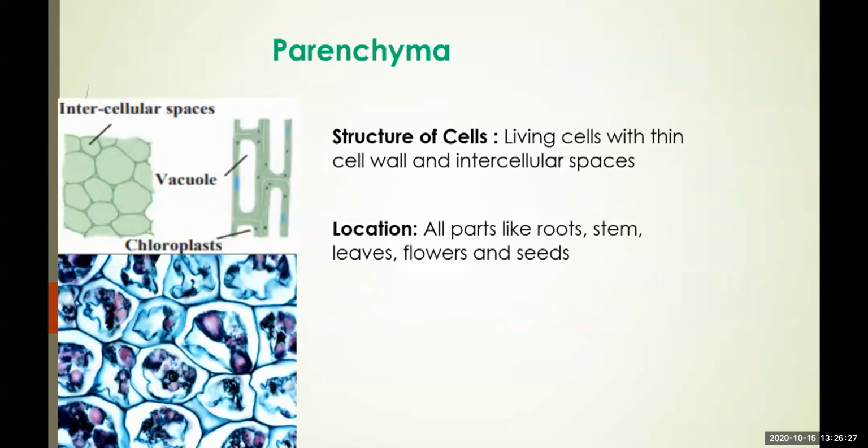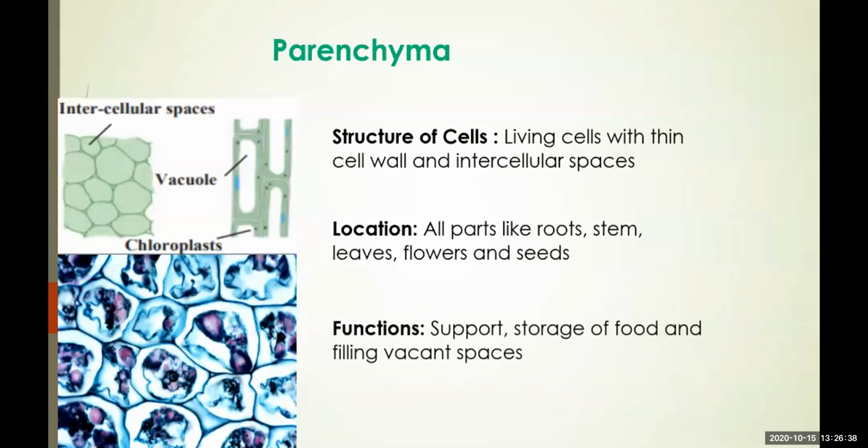Now, where is it present? It is present everywhere, in the root, stem, leaves, flowers, as well as in seeds. Function of parenchyma is to support the tissue, storage of food, and filling the vacant spaces.